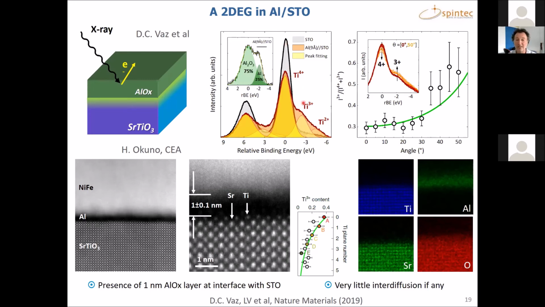What does it mean? It means that we are reducing the STO substrate with the aluminium. We are taking out some oxygen from the STO substrate, so there will be oxygen vacancies in the substrate that will act as donors. And this is the mechanism of formation of the gas.